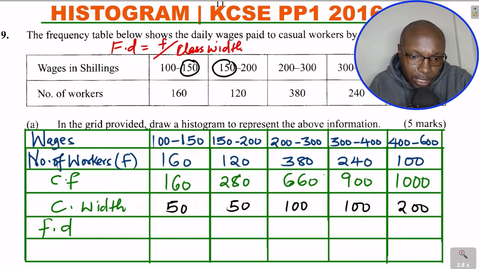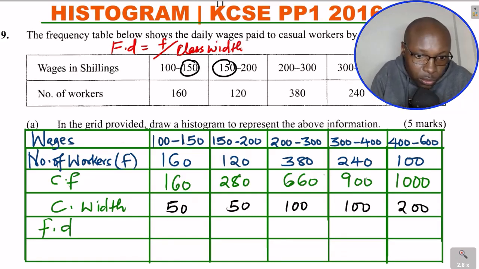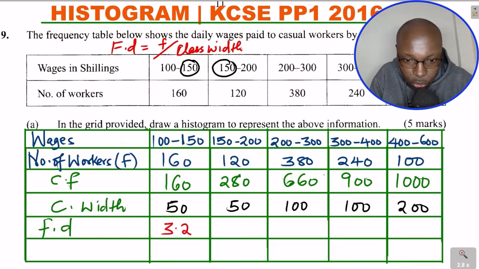Now after getting the class width, we proceed and get the frequency density. Remember, the frequency density is given by frequency divided by the class width. We just use a calculator to do this. The first one: 160 frequency divided by 50, you get 3.2.